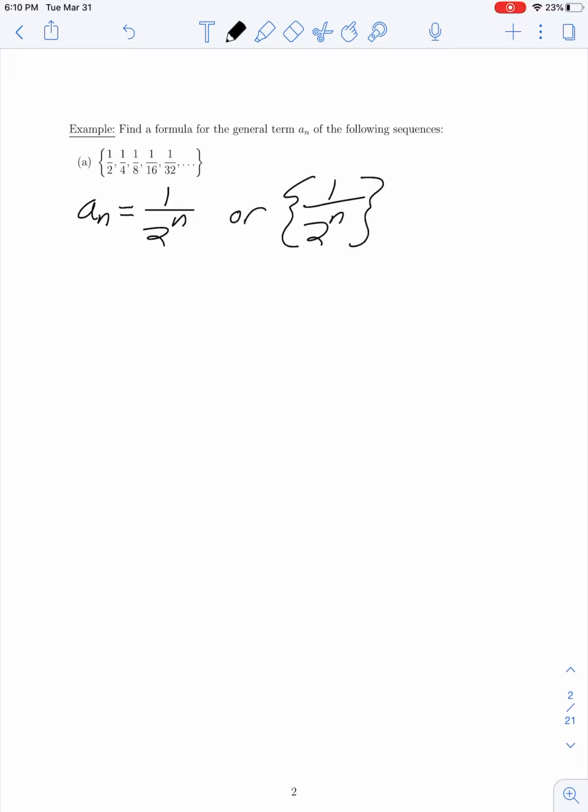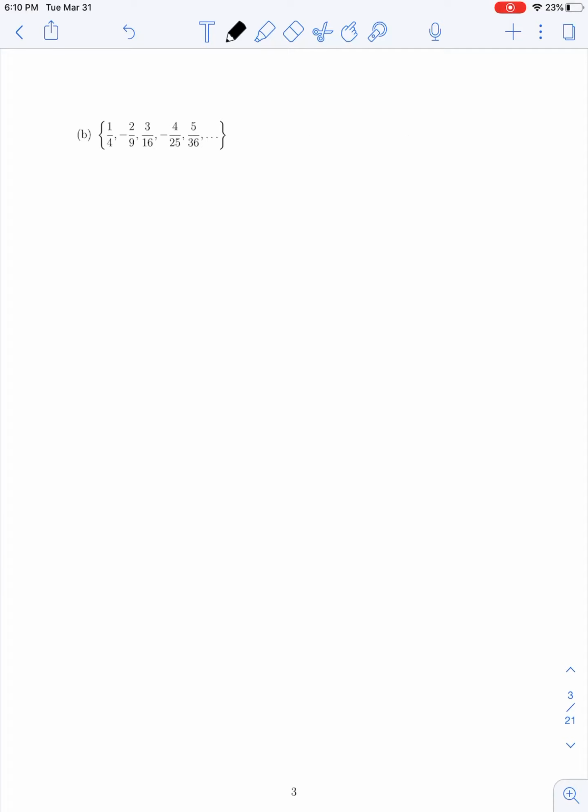So here a sub n would be 1 over 2 to the n, or if we want to write this in a different way, we could say 1 over 2 to the n, where n goes from 1 to infinity. So this would be the formula for our nth term. So let's look at some other ones.